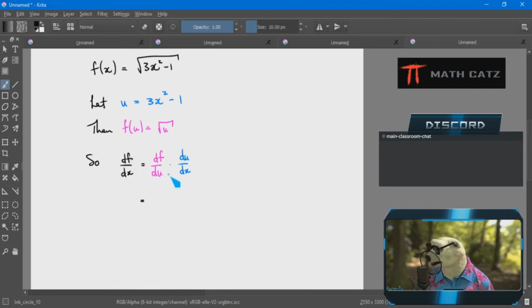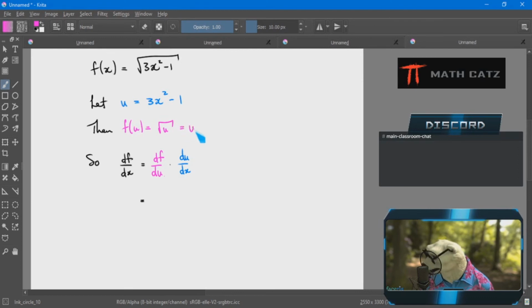Now you might remember, where am I? I want to be pink. You might be someone that chooses to memorize the derivative of the basic square root function. Oops, where's my 2? 1 over 2 root u. You might not. It doesn't matter.